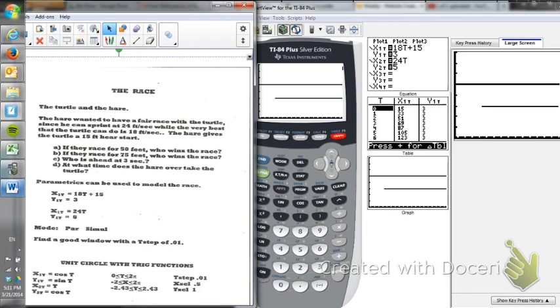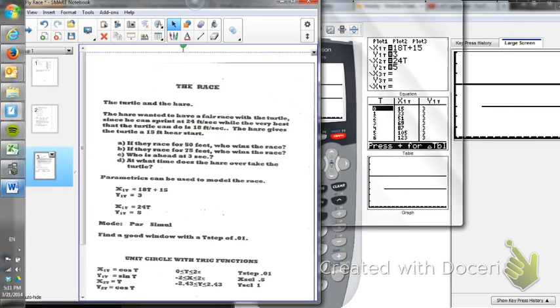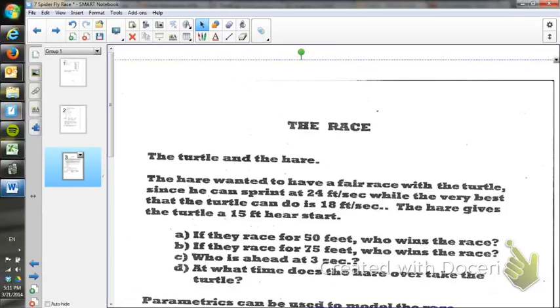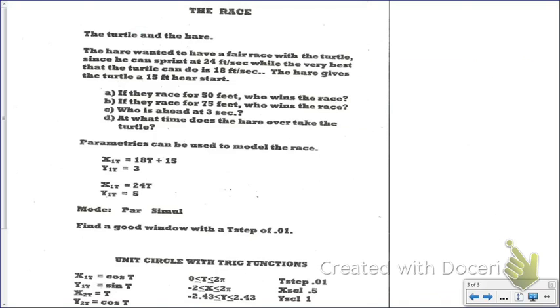In order to do that, we're actually going to do a little bit of algebra. So remember, the first equation, 18t plus 15, is the equation for my turtle. So if I want to know at 3 seconds what its location is, I'll just plug in 3 for t.